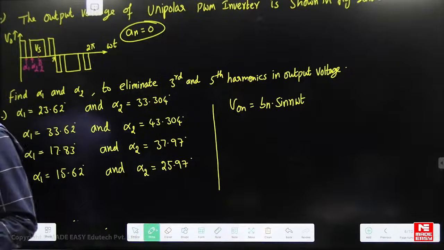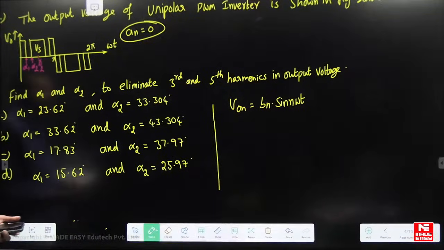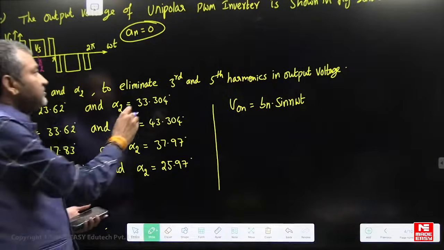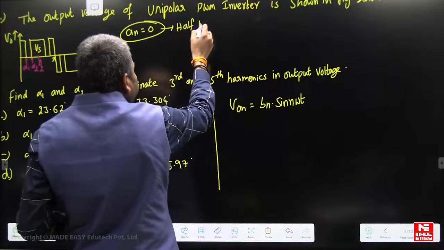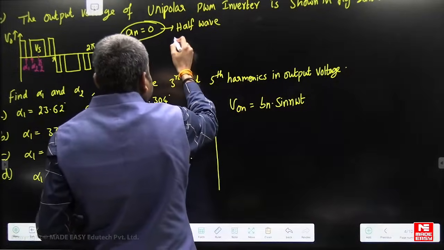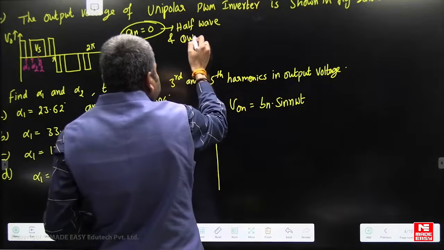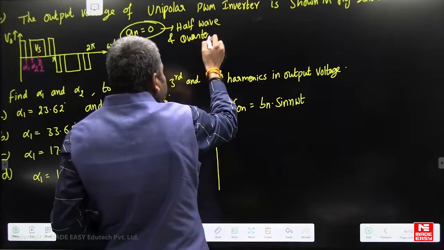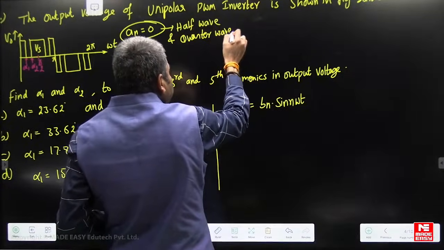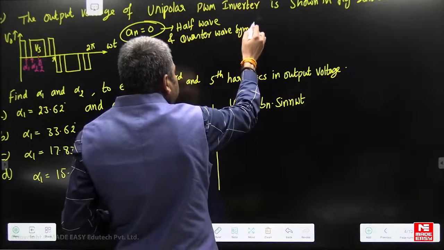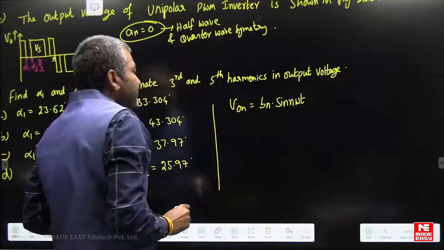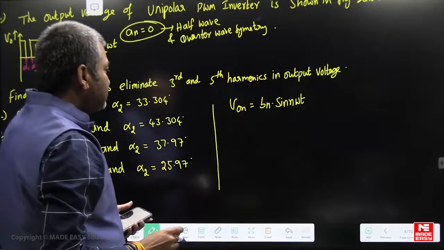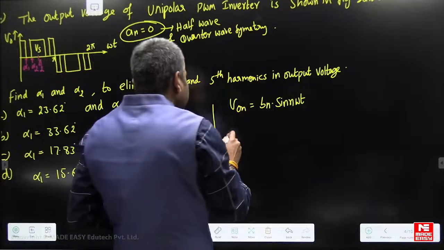This waveform has half wave and quarter wave symmetry, so the value of An is 0. So only Bn we have to consider.